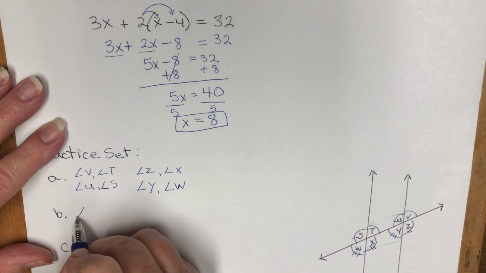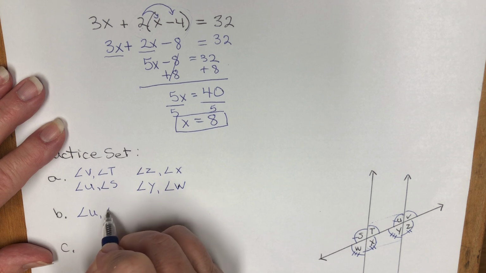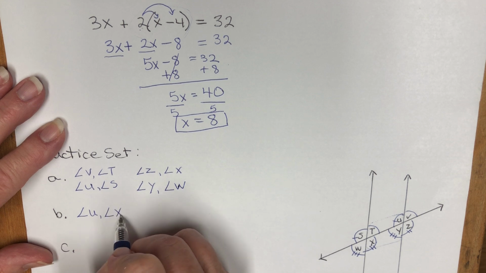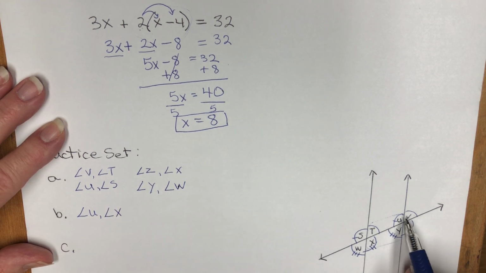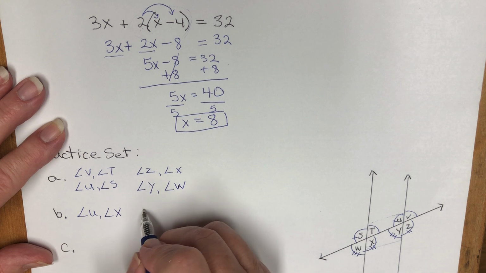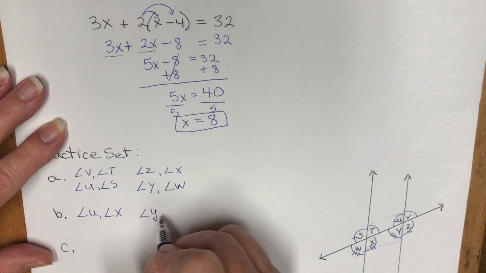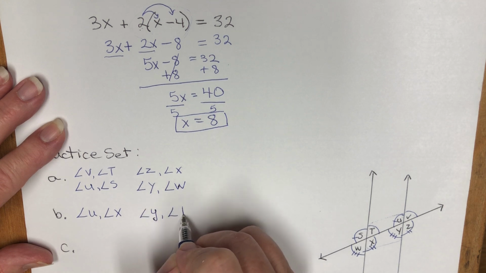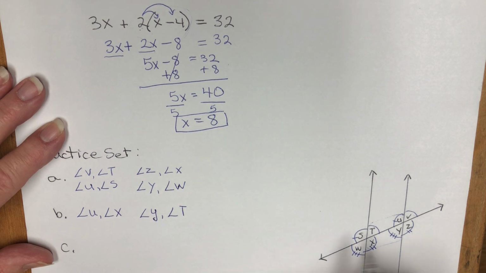So one pair is U and angle X. The second pair is going to be on the opposite sides here, Y and T. So then we have angle Y and angle T. Those are alternate interiors.